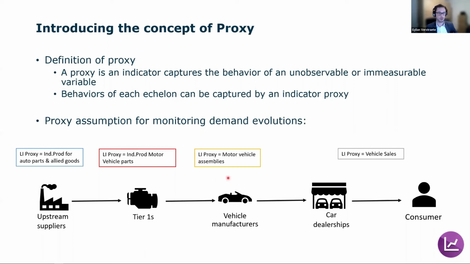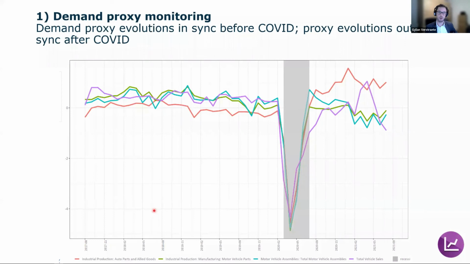For the production of the vehicle manufacturers, motor vehicle assemblies are the proxy. For the tier 1s, we can say that the industrial production of vehicle parts is the proxy, for example. And then we can really monitor how the evolution is occurring in that value chain.